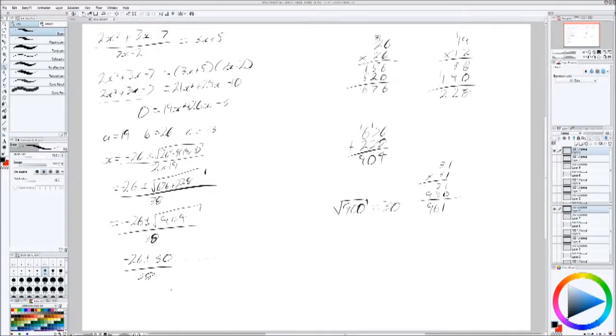So we end up getting x equals, so negative 26 plus 30 over 38, or x equals negative 26 minus 30 over 38.